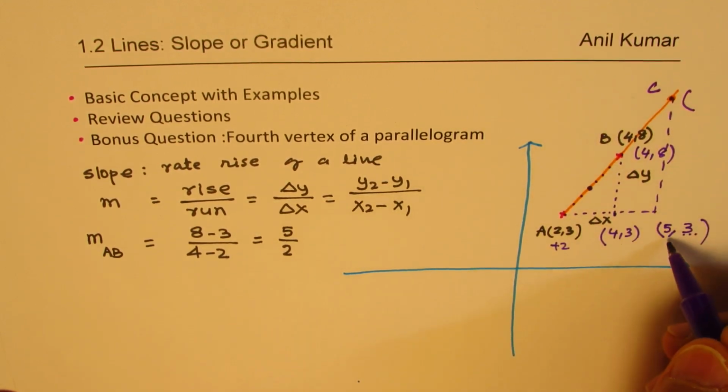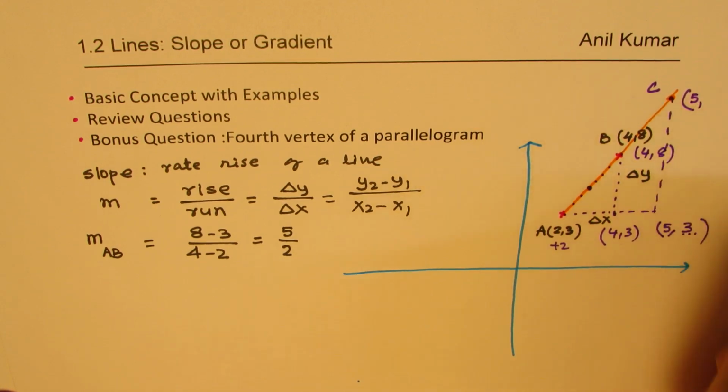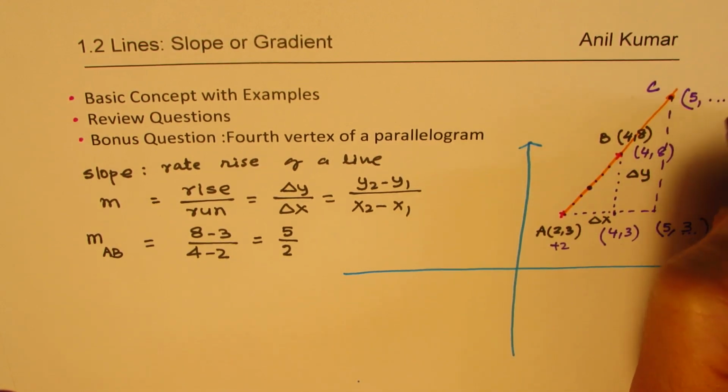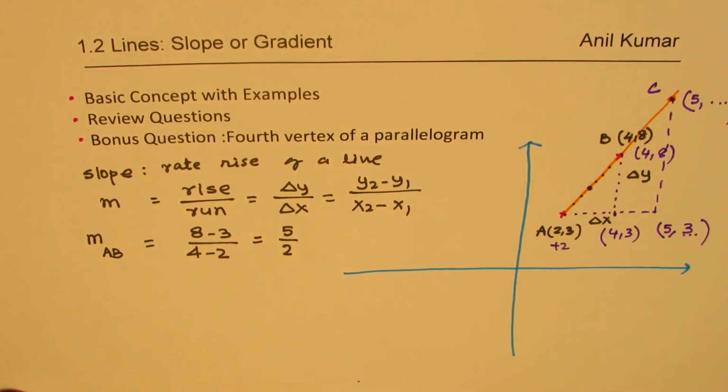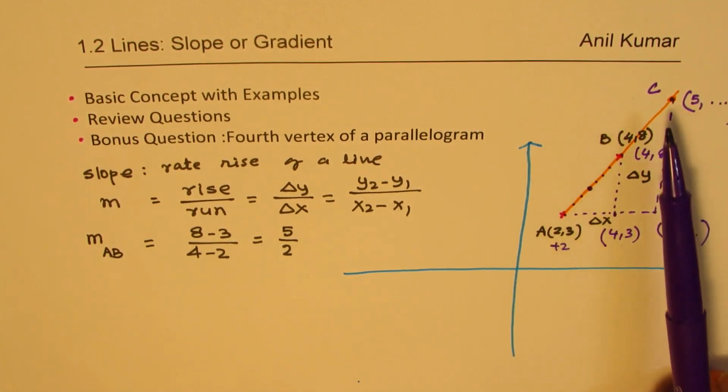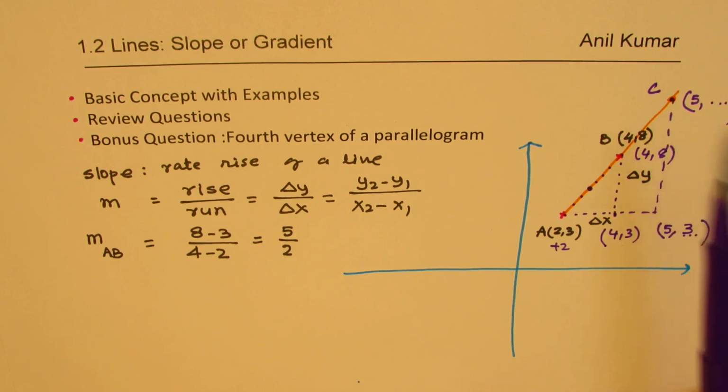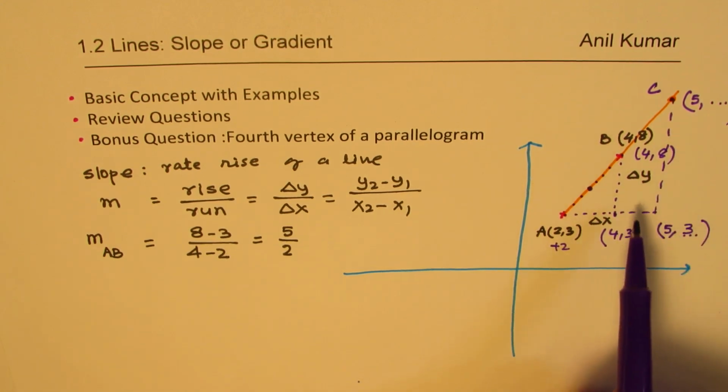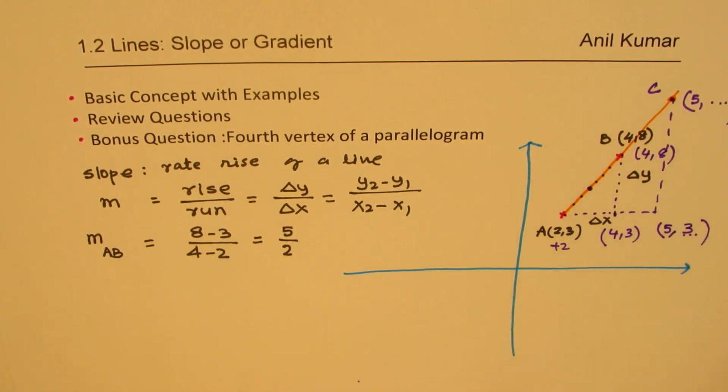So the point C, the x value is 5. What should be the y value? Now that could be a very tricky question most of the time. But what you see here is that we are talking about two similar triangles. So whenever you're looking at similar triangles, you will also note that the ratio of sides is the same.